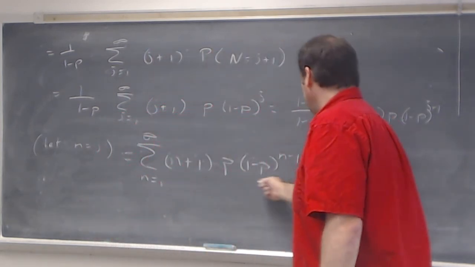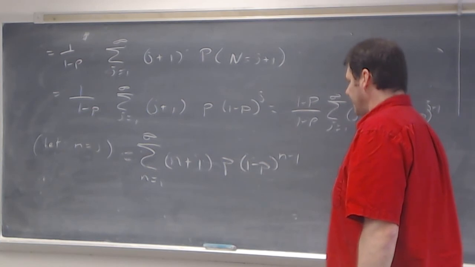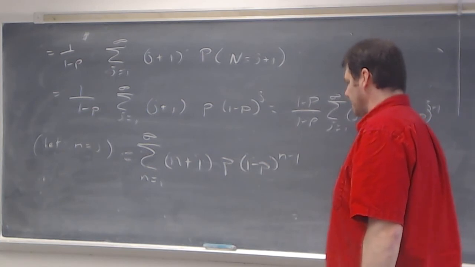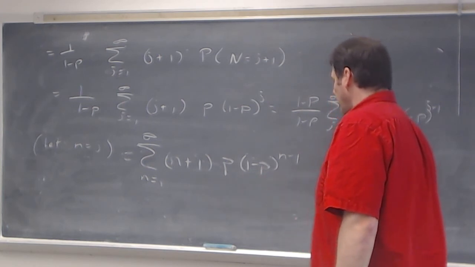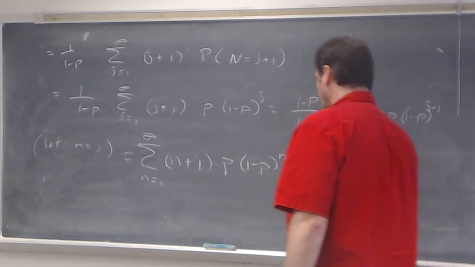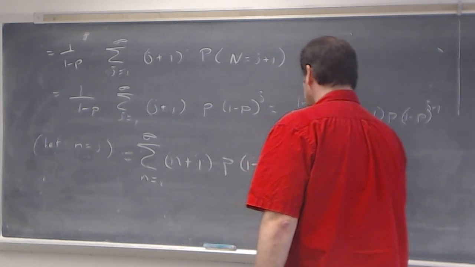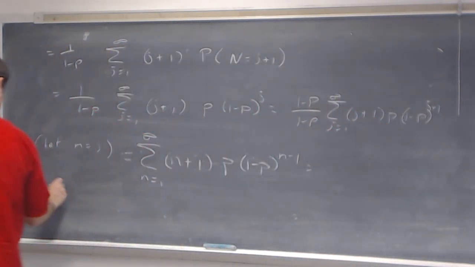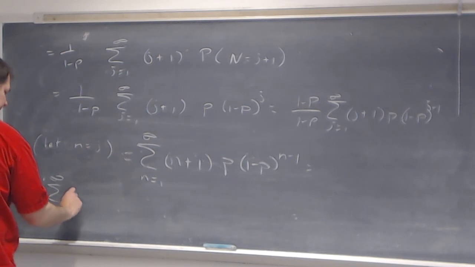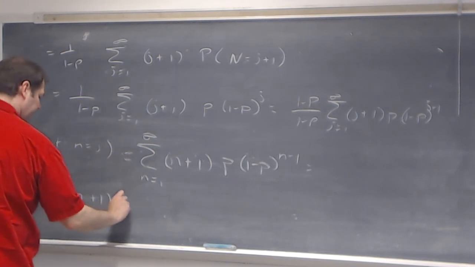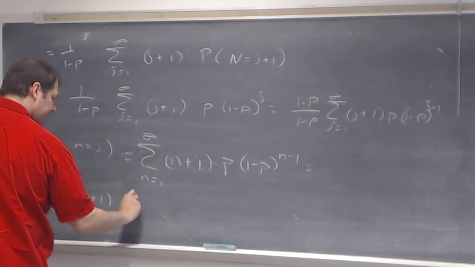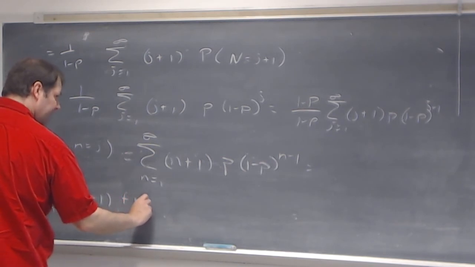And this is nothing more than the PMF, I should say, for a geometric, evaluated at n. So this is the sum as n runs from 1 to infinity of n times, well, n plus 1, here I'll write down, f of n equal to n.